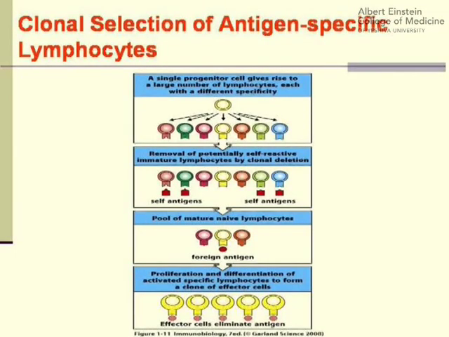So this is, again, re-showing the clonal selection of antigen-specific lymphocytes, to reinforce the idea that you have this pluripotent cell that undergoes genetic rearrangements of the immunoglobulin gene. I'll discuss that in greater detail. But this gives rise to hundreds to millions of cells that all recognize different antigens because the antibody molecules that they have different specificities.